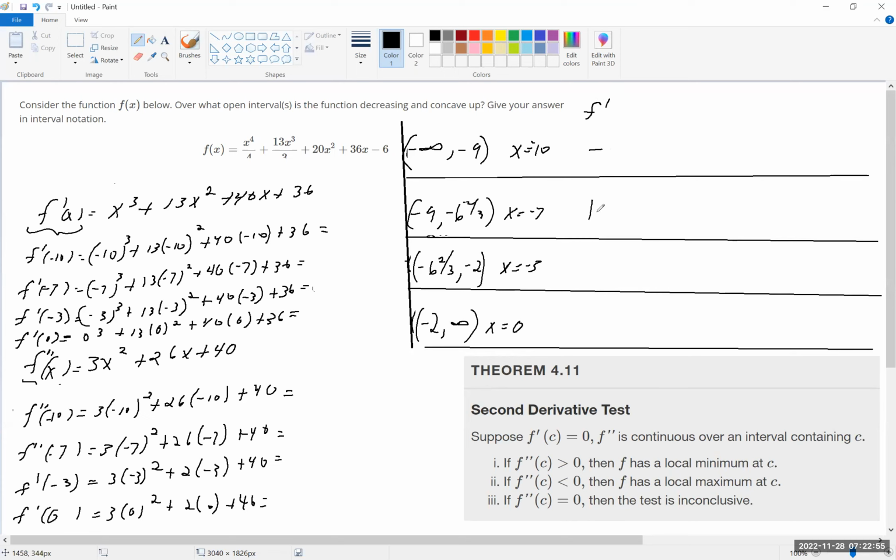This means that the function f is decreasing, increasing, increasing, and increasing on those intervals respectively.